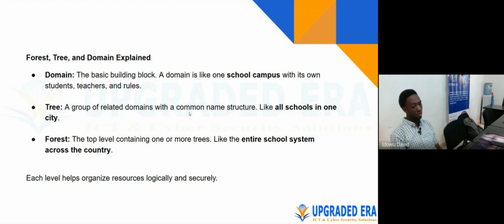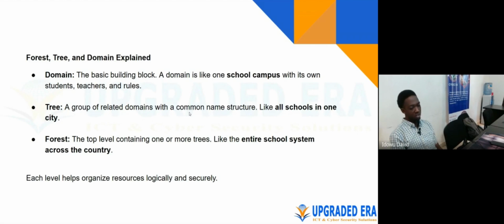You have a faculty of management science, or a college of engineering, or a college of natural and applied sciences. That's a domain. Now, a tree is a group of related domains with a common name structure. So it's like all schools in one city. So you have multiple colleges, you have multiple faculties.